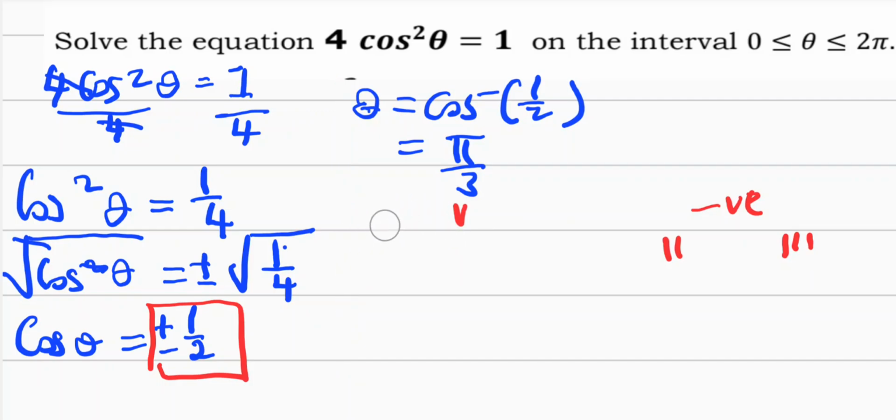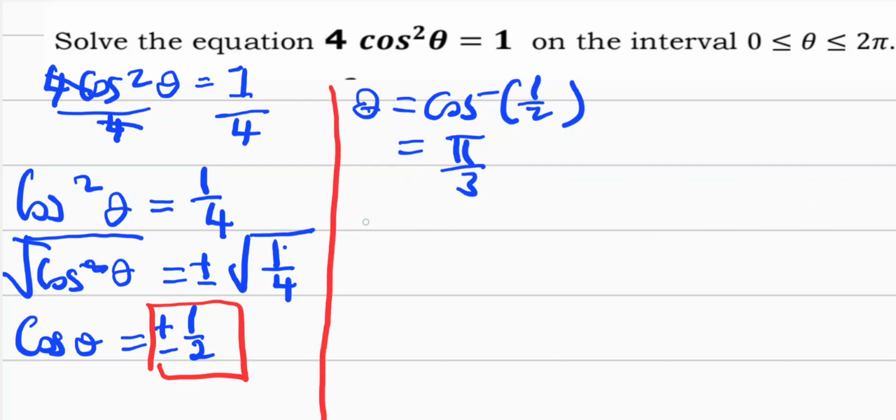So now let's solve it. So we have now in the second quadrant, we say pi minus pi over 3, which is equal to 2 pi over 3.